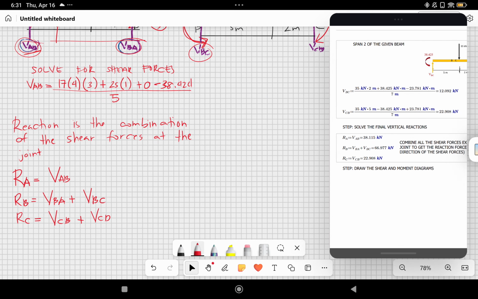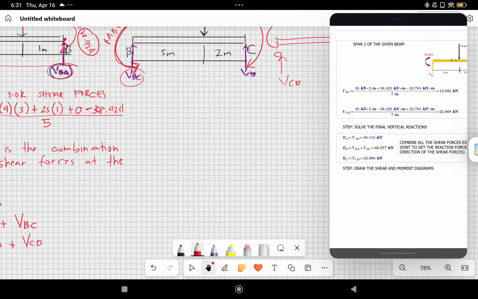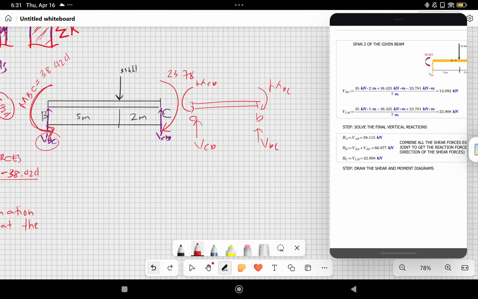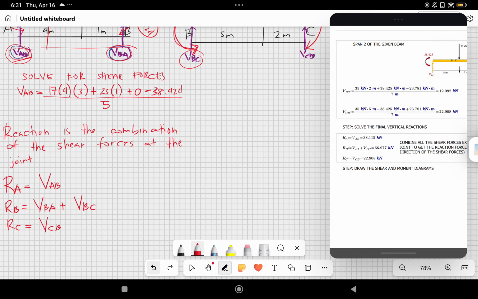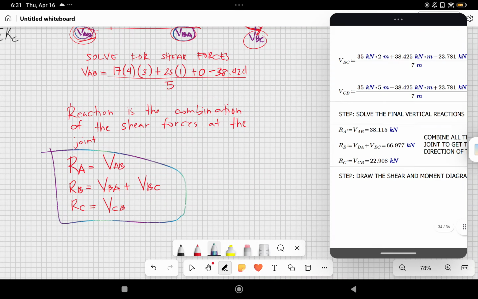Kasi may shear force ka na nag-act or meron na another na nag-act sa joint C, which is si VCD. If meron mang ganong scenario. So, in this case, 2 span lang siya. So, hanggang doon lang tayo. So, that is the end of the process, actually. So, ito na yung mga reaction forces natin, na-solve na.